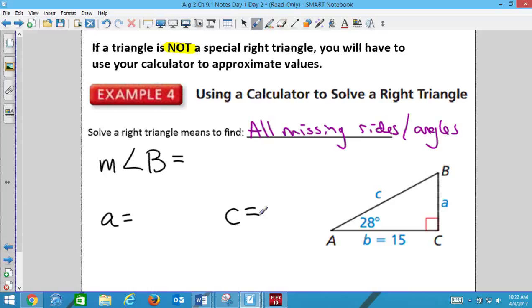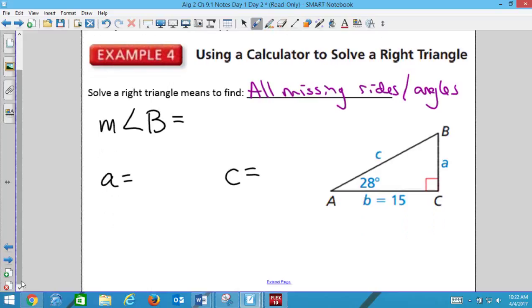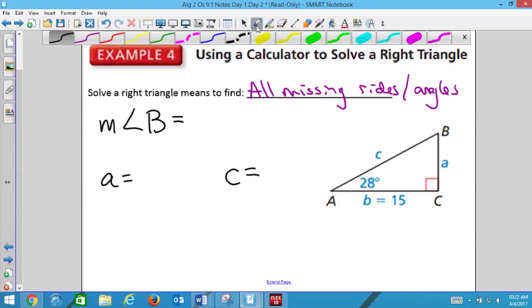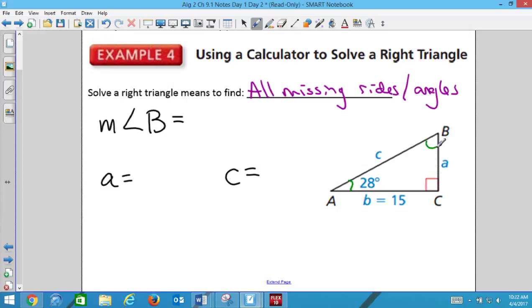All right, so to find the measurement of angle B, good. You could, but that's a longer way. You should have learned in geometry that when you have a right triangle, the other two angles always add up to 90.